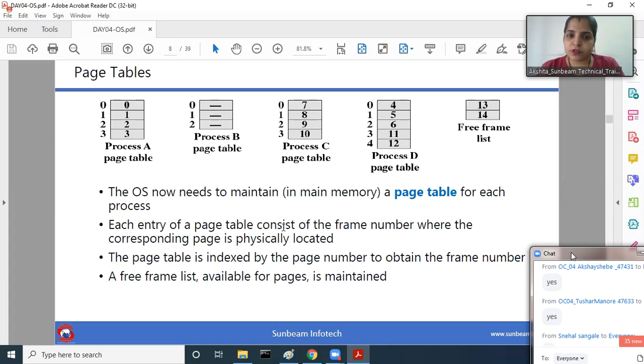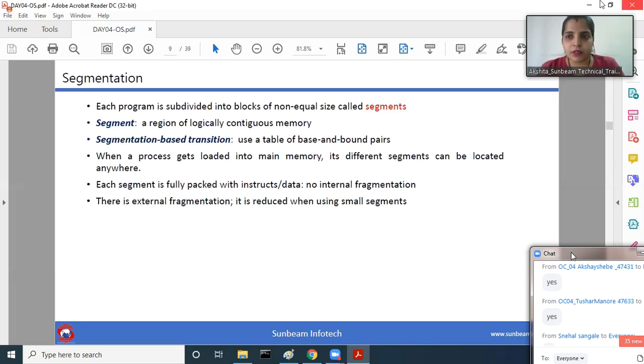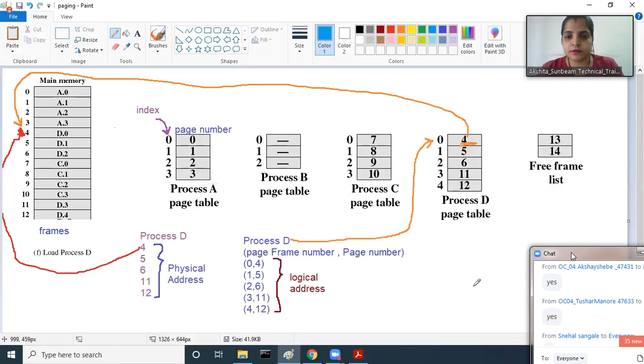The page table consists of an entry, called the index, and the physical number, where that page is actually available. Along with that, a free frame list is available so that your OS can understand which frames are free. Have you understood up to this point, everyone?